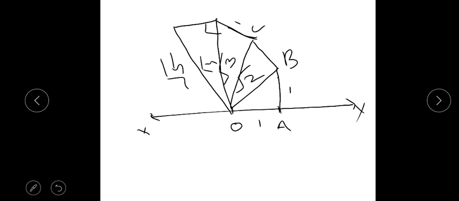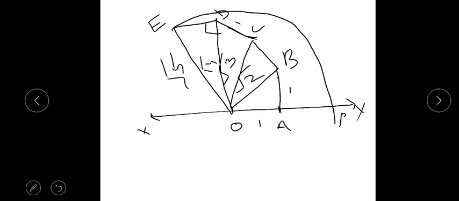Taking radius OE, mark an arc on the number line. So this point P would be root 5. This is one method, and let's discuss one more method.